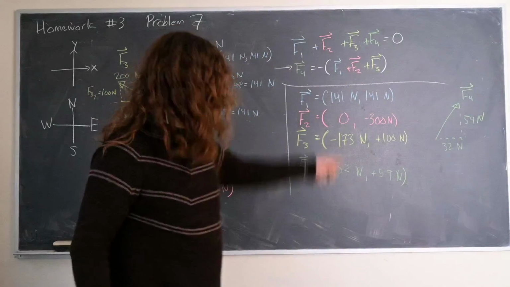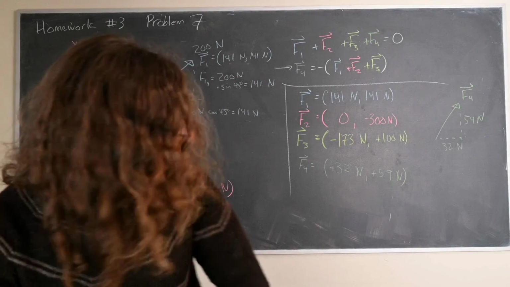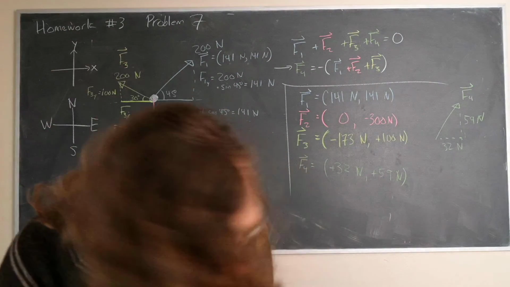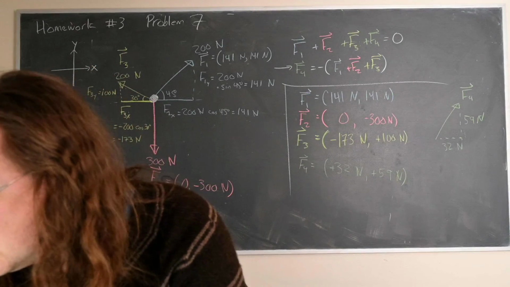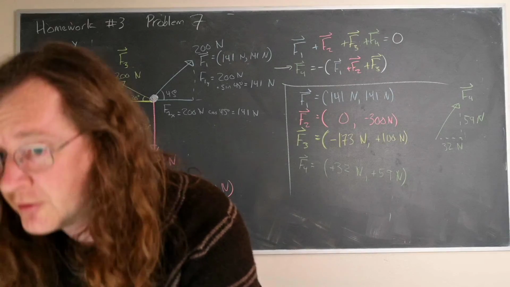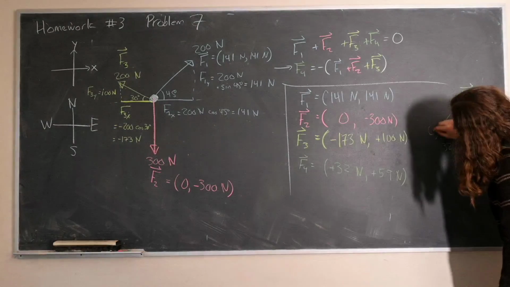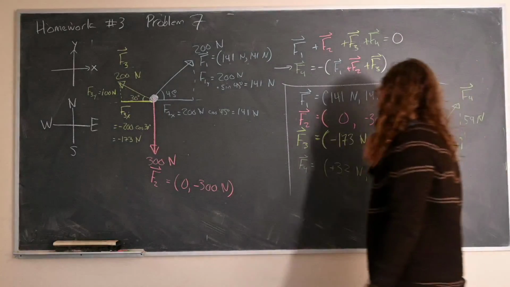I can use the Pythagorean theorem to find that hypotenuse. So let's do that. Square root of 32 squared plus 59 squared. Type it into Google correctly this time. Gives me 67 newtons. That's from the Pythagorean theorem.